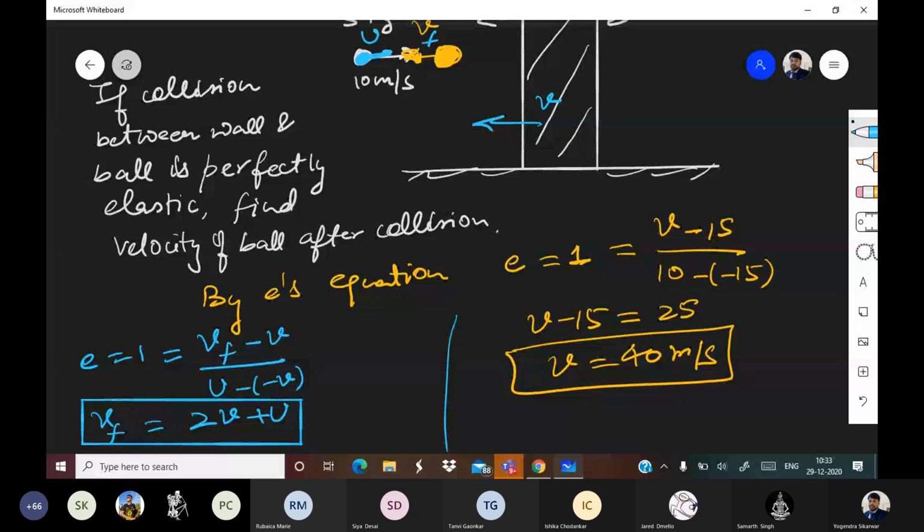But this is applicable only for perfectly elastic collision. If collision is not perfectly elastic, then you have to put value of E as per the equation and then you can get the answer. Okay, everyone. Good. Next question on your computer screen.